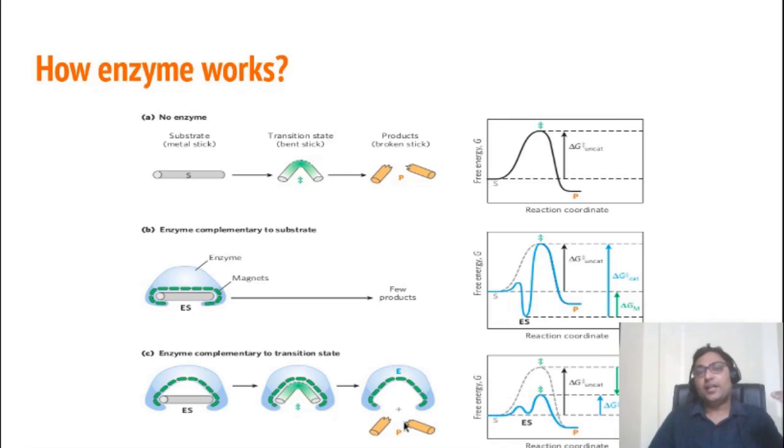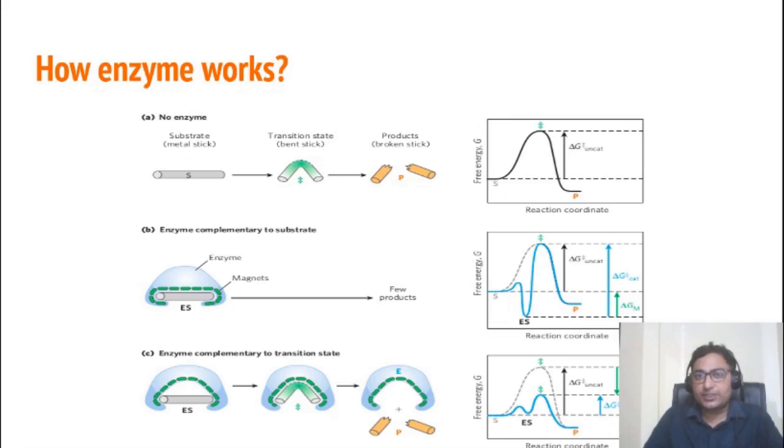So by binding with the substrate, the enzyme releases a certain amount of energy, and that energy is utilized to break down the substrate into product.